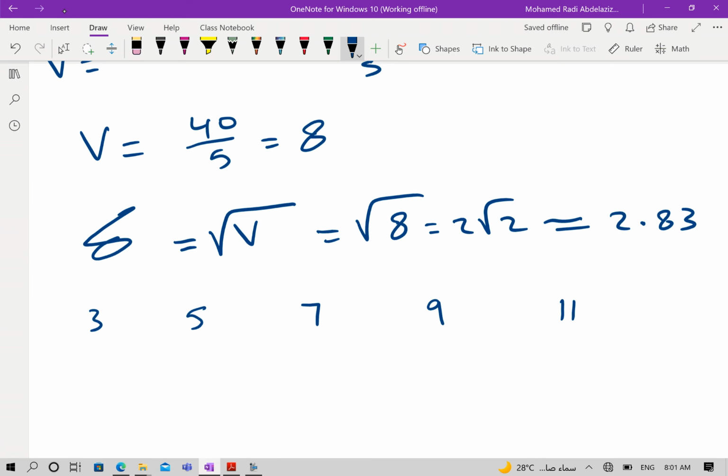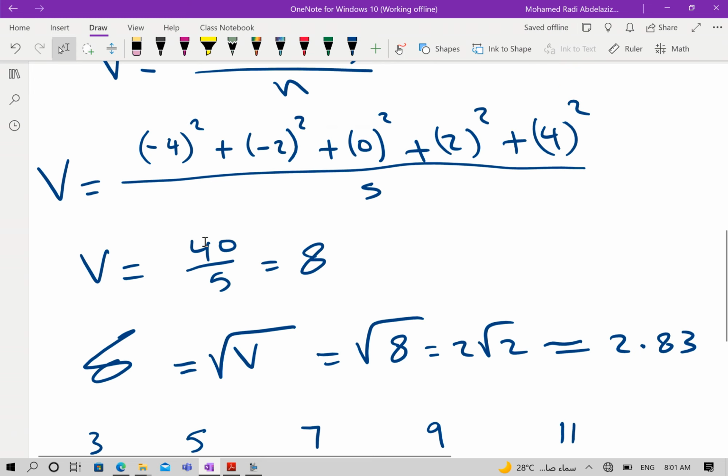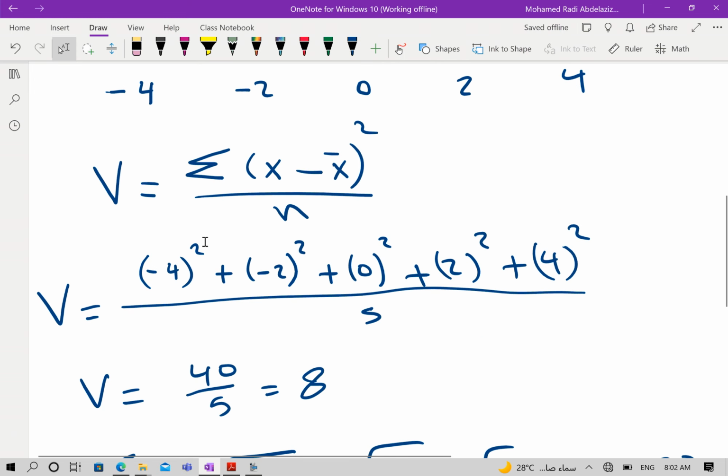Now I will talk about the meaning of standard deviation and what we use it for. After finding the standard deviation, we use it to measure spread from the mean.